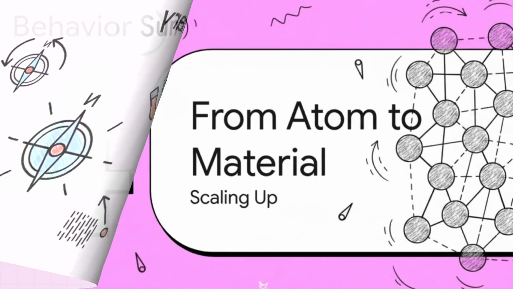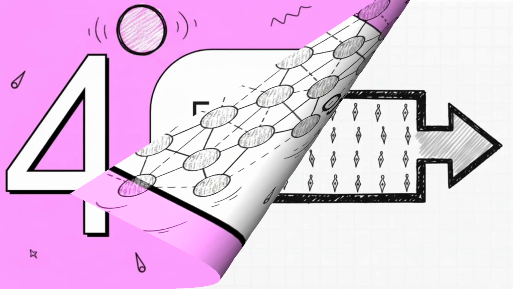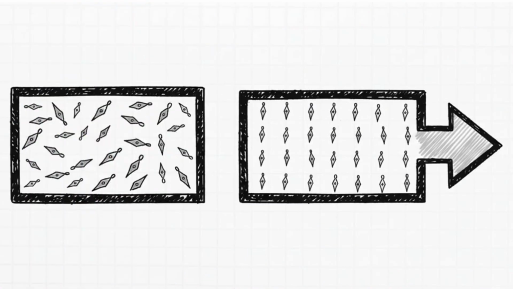Alright, it's time to zoom out. We've been focusing on a single atom, which is incredibly small, but real-world materials are made up of trillions and trillions of these things. So what happens when you pack all these tiny atomic magnets together in one place? Well, whether a material is a super strong magnet, a weak one, or not a magnet at all completely depends on what all those tiny atomic compass needles are doing collectively.